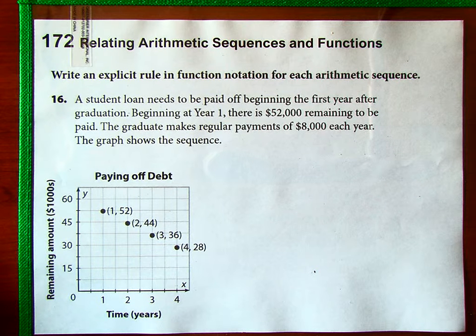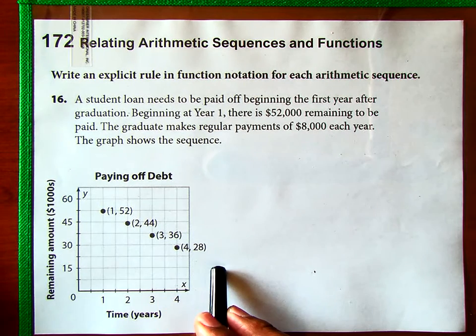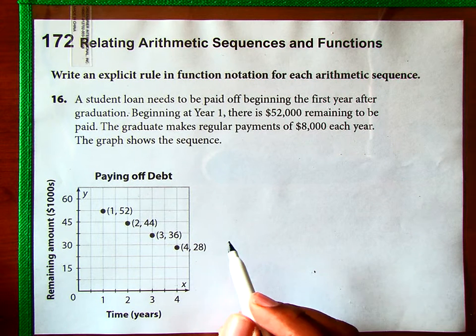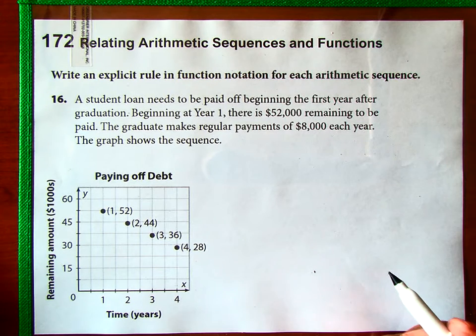Beginning at year 1, there is $52,000 remaining to be paid. The graduate paid regular payments of $8,000 each year. The graph shows the sequence. So here's the sequence, and it's going to go down. What they did is they rounded to the nearest 1,000.